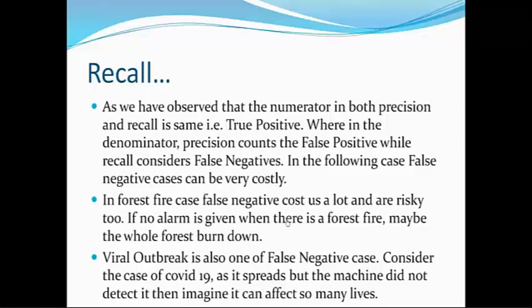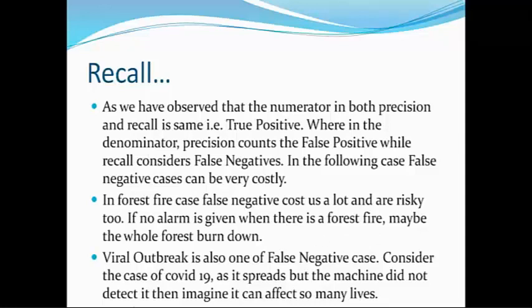Are you getting how it is creating a problem? The people have to pay a lot, because the device is predicting no, but in reality there can be a forest fire. So if it is a false negative, it costs us a lot and is risky too. If no alarm is given when there is a forest fire, maybe the whole forest can be burned down.